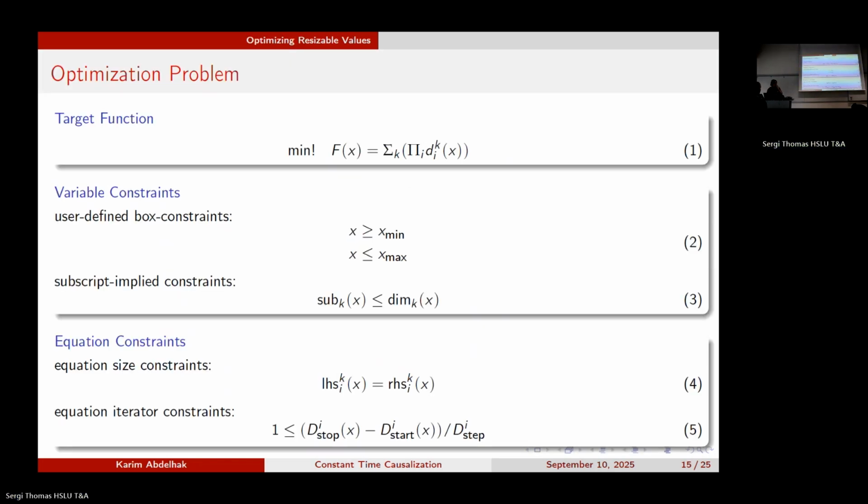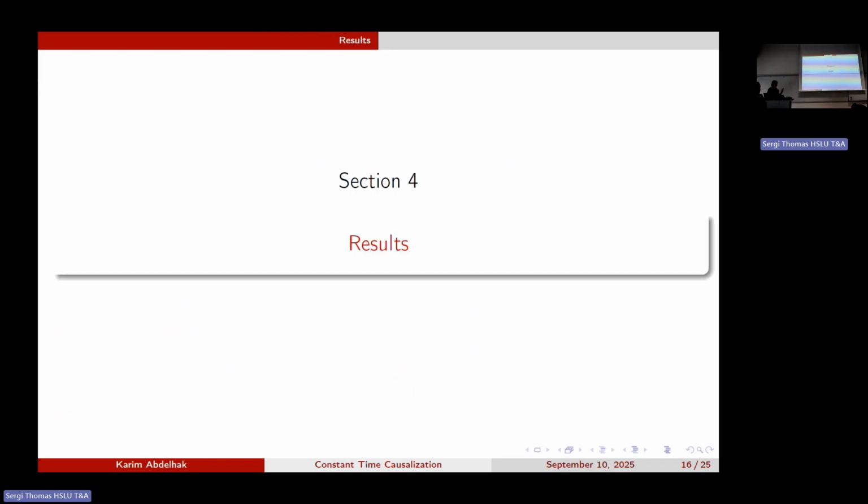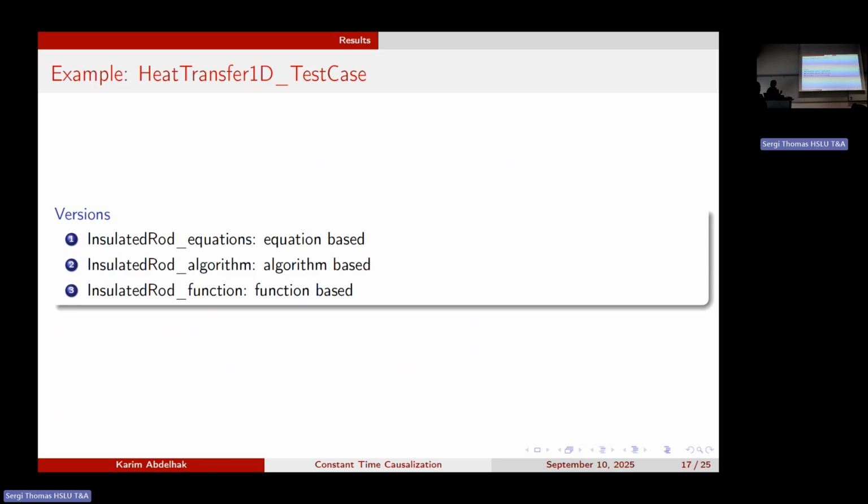Okay, so I talked about the problem. I will show you a model for which we applied this. We had an insulated rod model from Martin Otter that I think you made for another paper, but it was given as a benchmark for the open scaling project.